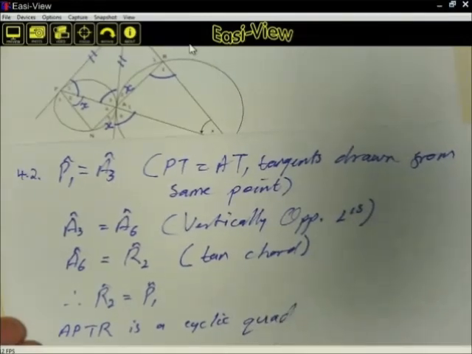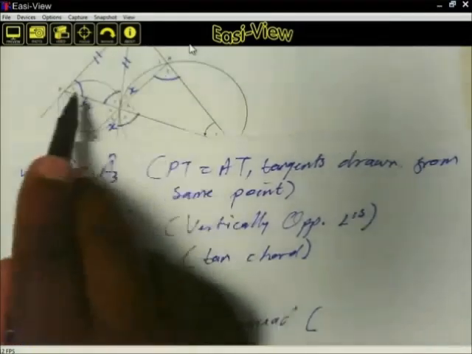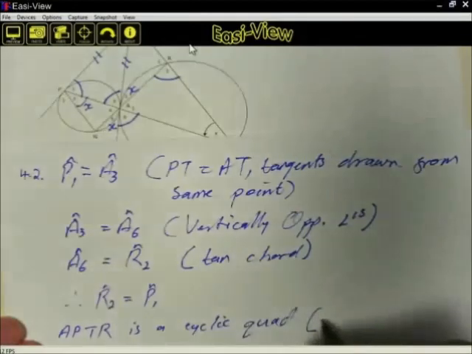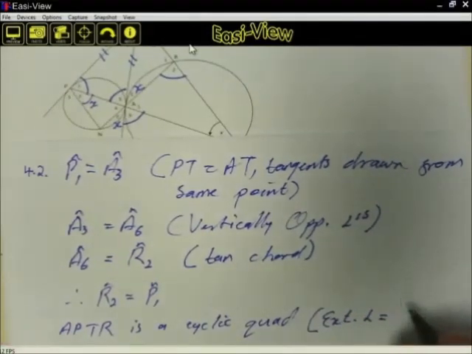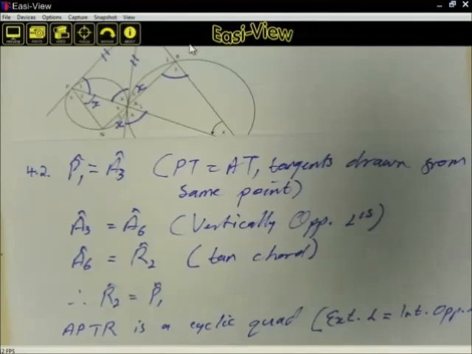Why do you say it's a cyclic quad? Now you provide a reason. Because the exterior angle is equal to the interior opposite angle. And once the exterior angle of a quadrilateral is equal to the interior opposite angle, then we know that quadrilateral is cyclic.